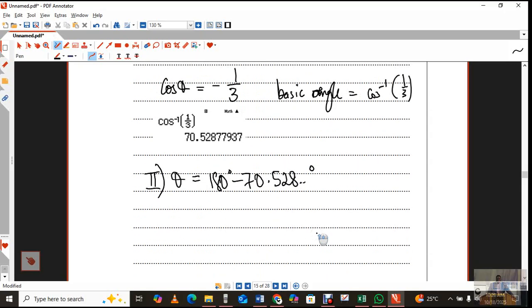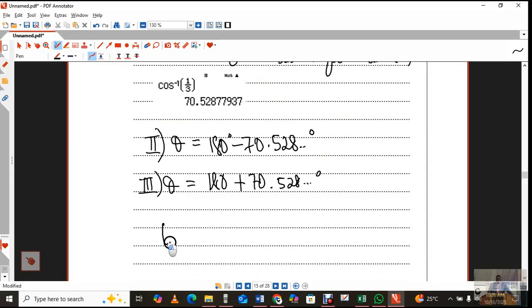And then in the third quadrant, theta will be 180 plus 70.528 and so on degrees. At the end of the day, if you do the final calculation, theta is going to equal 109.4 degrees and theta will be 250.5 degrees, respectively.